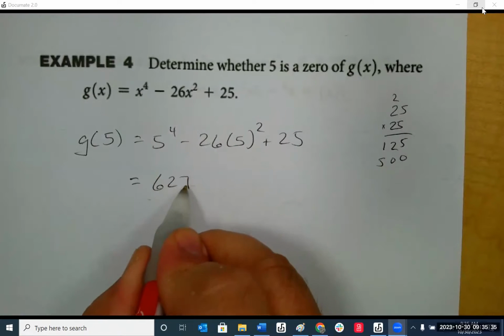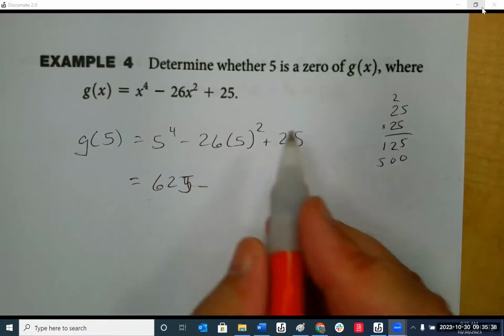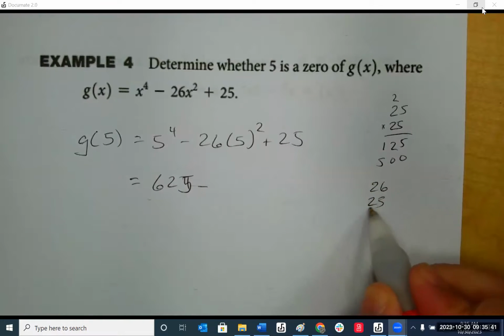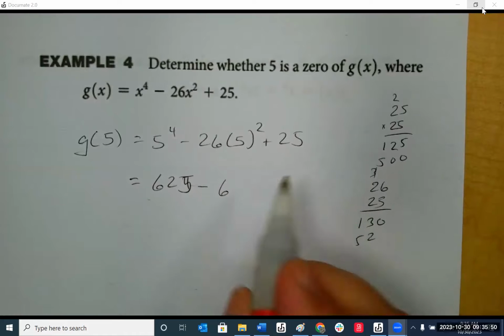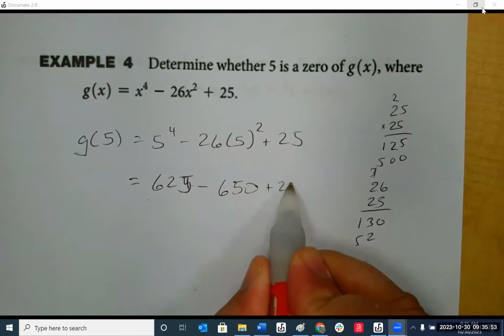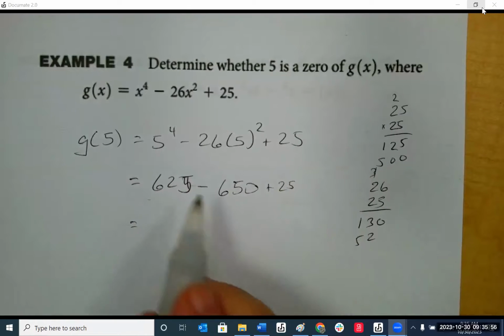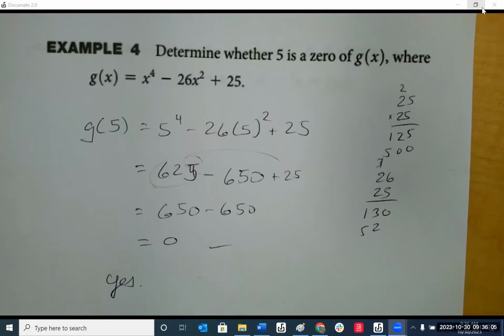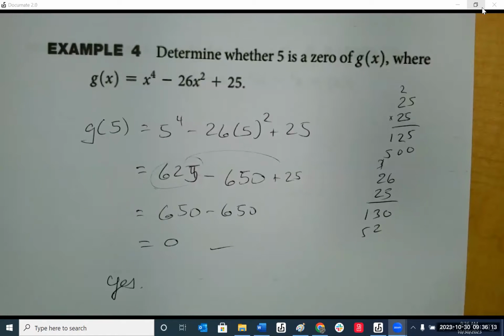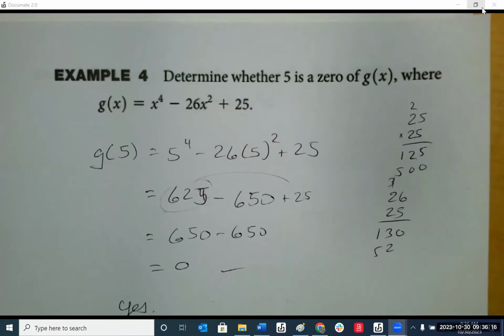Is 625. 26 times 25. 630 or 650. 625 plus 25 is 650. Yes, it is a zero. So just plug it in there, work it out.